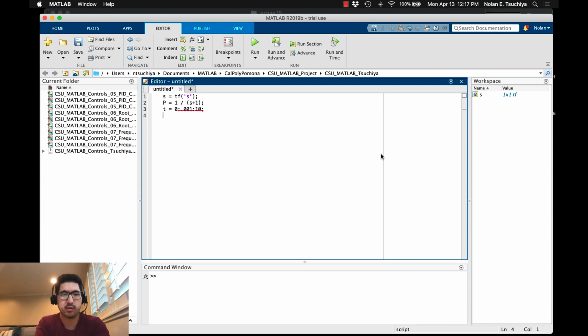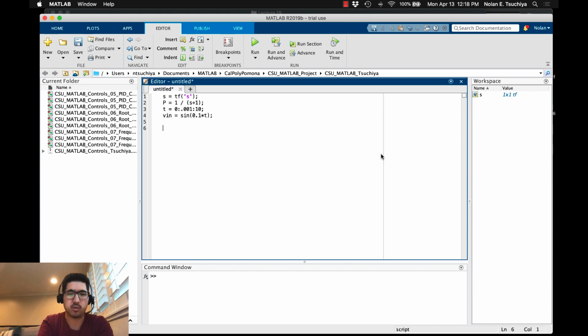So we're building a little time vector that will go for 10 seconds. Then using this time vector, we're going to build our input signal. We want the input voltage to be a sine wave, and we'll start with a low frequency of 0.1 t. So this is going to be our input sine wave.